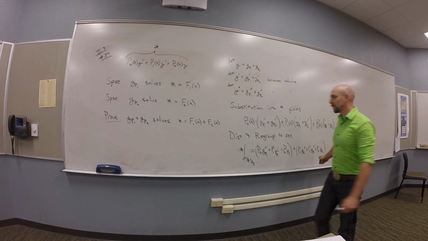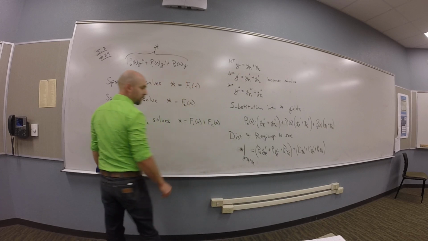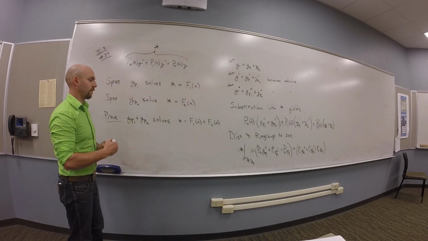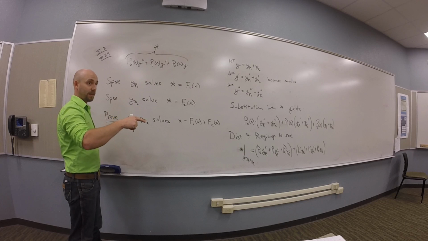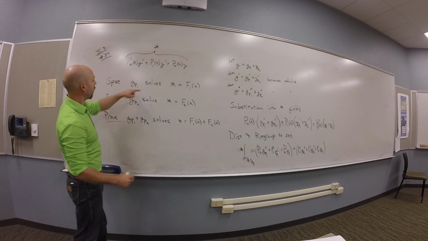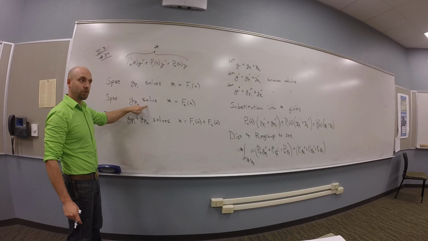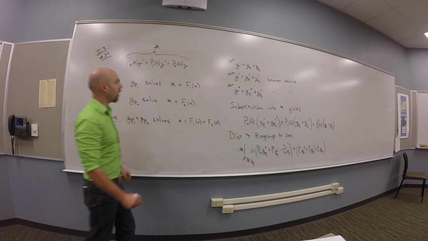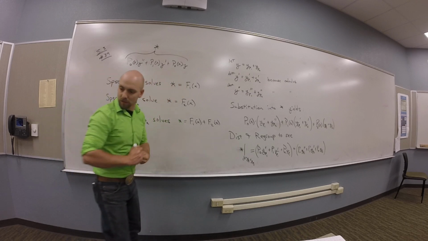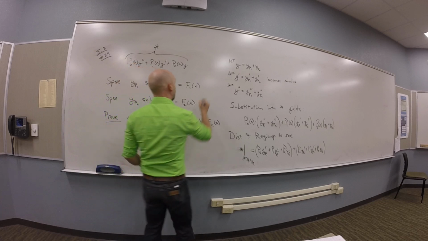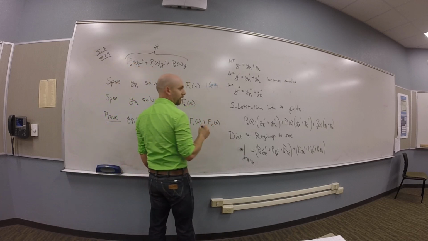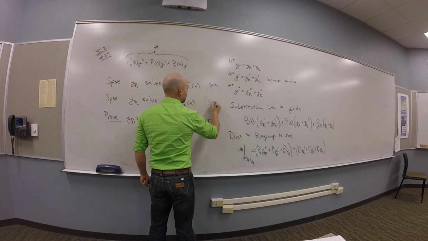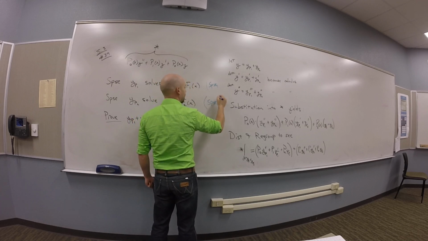And then what do I say? Could you say that the left one's f1 and the right one's f2? Yeah, exactly. So I need to cite these two things, right? So I might, off in the margin, call this one suppose 1, and I might call this one suppose 2.